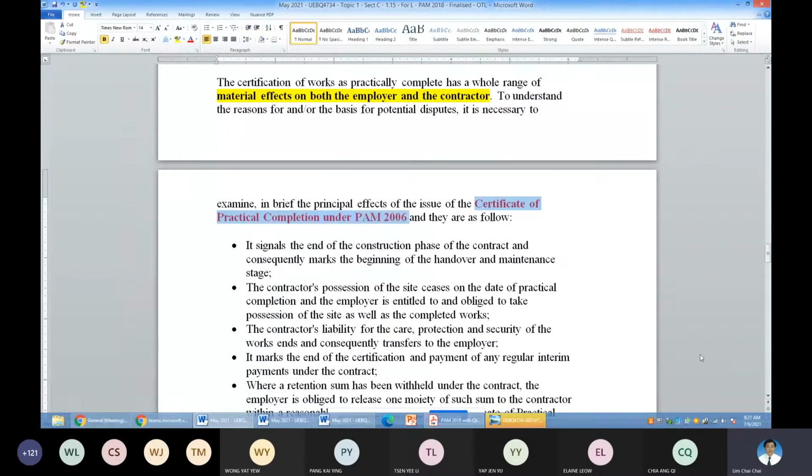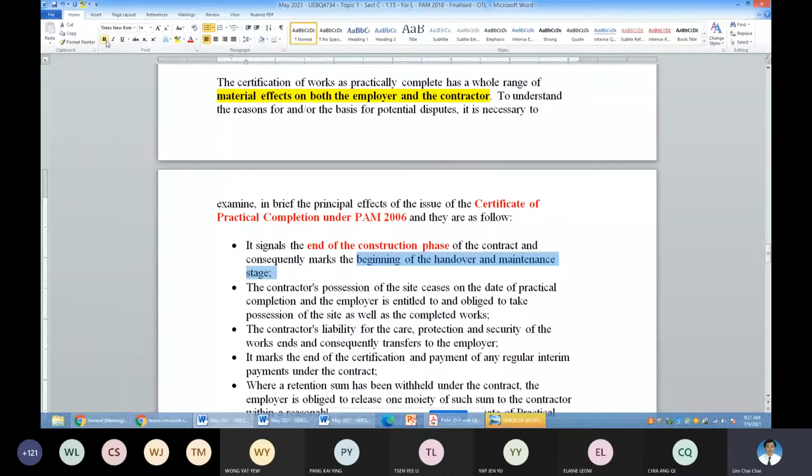Now point number one. Once CPC is issued, it means the construction phase of the contract is already complied with. Then begins the handover and maintenance stage.